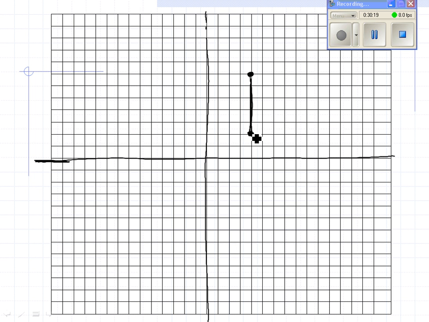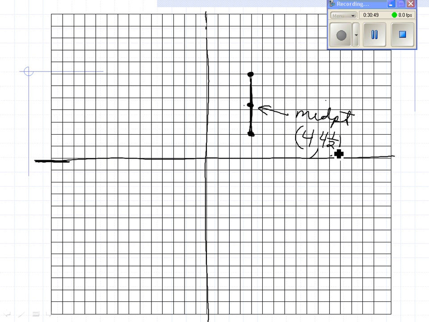Because it was a vertical segment. If we want to find the midpoint, if you're 5 spaces up there, your midpoint's going to be halfway, so it's going to fall right in there somewhere. And you just find the coordinates of that midpoint. 1, 2, 3, 4 up. 1, 2, 3, 4 and a half.